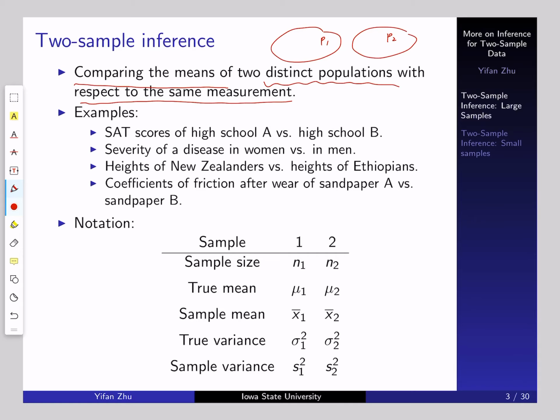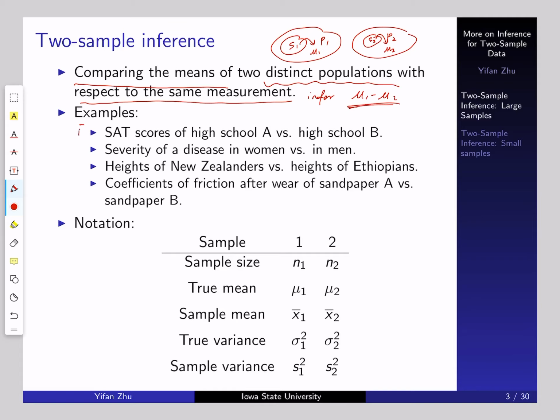Okay, so there are two populations, P1 and P2, and we want to compare their means, mu1 and mu2. And we have sample 1 and sample 2. And with this sample 1 and sample 2, we want to infer the difference between these two means, mu1 minus mu2.